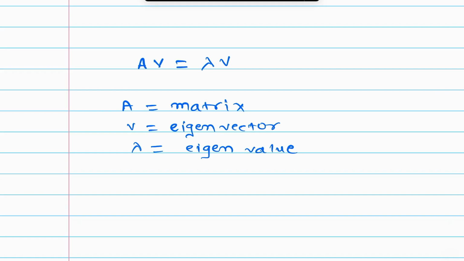The relationship between a matrix, eigenvector and eigenvalue is written as A v = λ v, where A is the matrix, v is the eigenvector and lambda is the eigenvalue. This equation means multiplying matrix A by vector v produces the same vector scaled by lambda. The direction stays the same, only the magnitude changes.